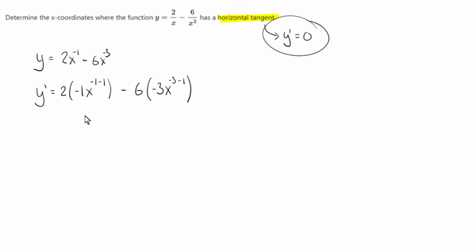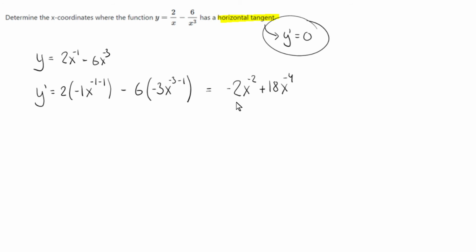So if we clean this up a bit, we're going to get 2 times negative 1 is negative 2 times x to the power of negative 2 minus, so there's negative 6 times negative 3 is positive, so plus 18 times x to the power of negative 4. Okay. Now, at this point, we have differentiated the original function.